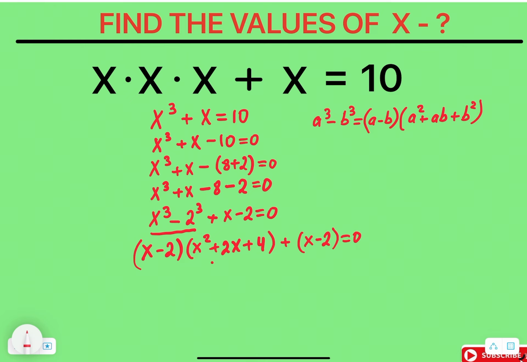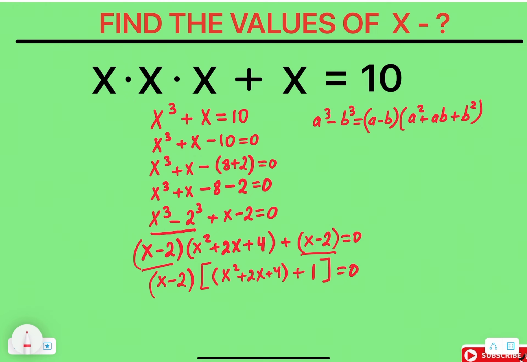Now we can factor out x minus 2 because we have it in both parts, right? Let's make big brackets. Inside we will have x squared plus 2x plus 4, plus, if we factor out this x minus 2, we will get 1 instead. Equals 0.